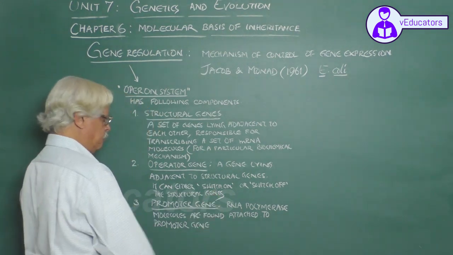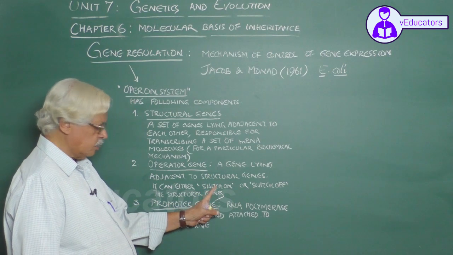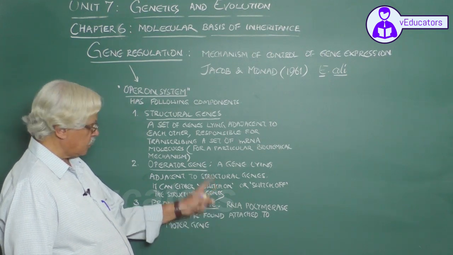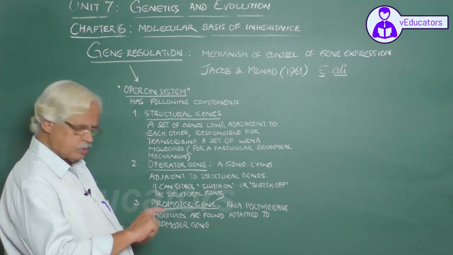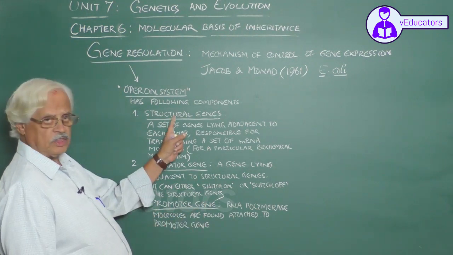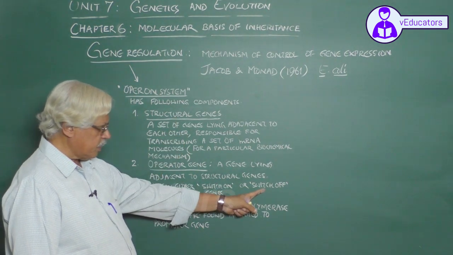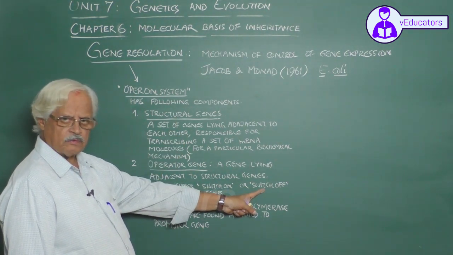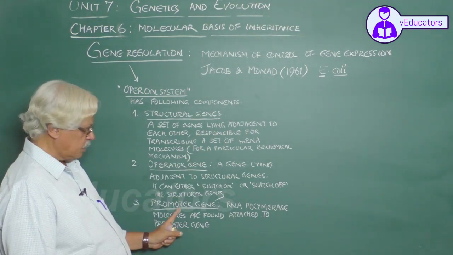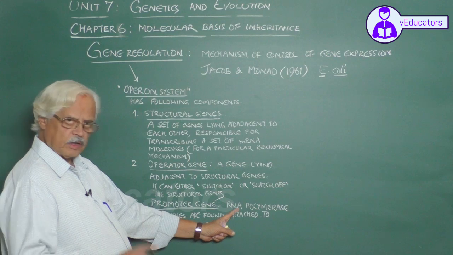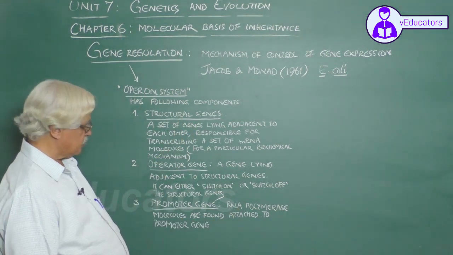So when we say operator gene switches on the structural genes, it means the promoter gene allows RNA polymerase to reach the structural genes. When we say operator gene switches off the structural genes, that means the promoter gene is not allowing RNA polymerase to reach the structural genes.